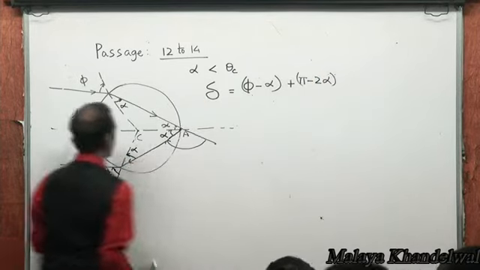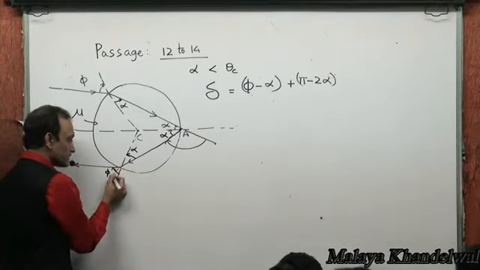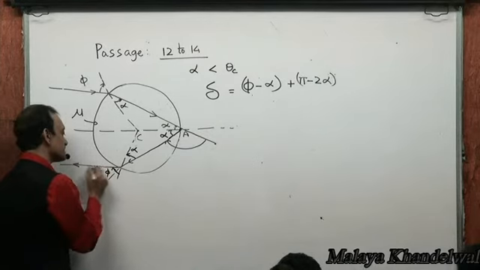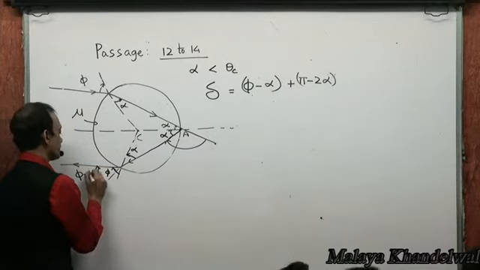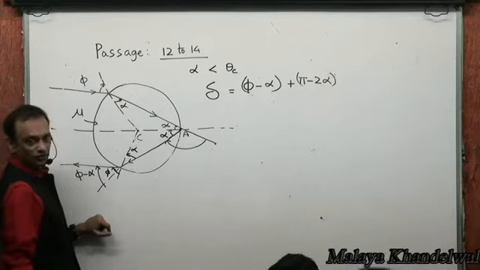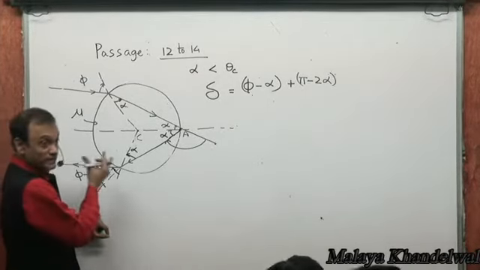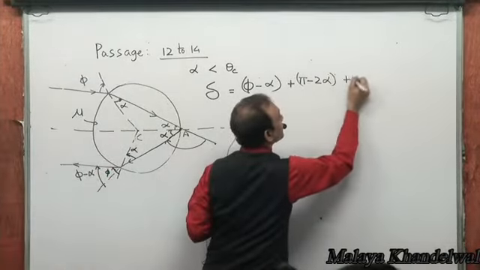Then for this, realize it's going to be phi minus alpha once again, clockwise. So phi minus alpha again, clockwise.